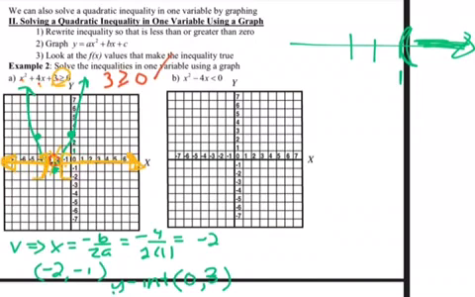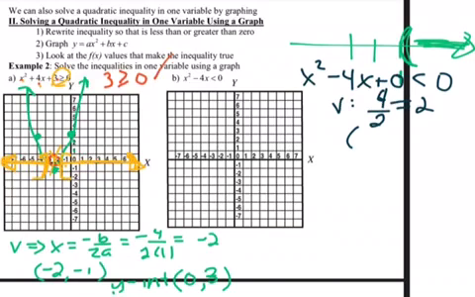Alright, let's look at the next one. Notice I'm missing the c value. So I've got x squared minus 4x plus 0 is less than 0. So if I want to solve this one, again, I've got standard form, so my vertex is negative b over 2a, so that's going to be 4 over 2 times 1 is 2, so I get my x value of 2.